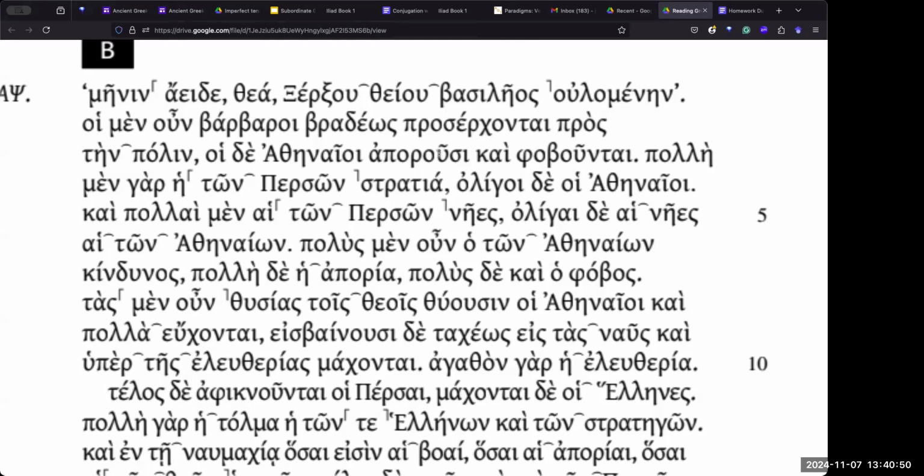And then we don't need any verbs here for a while because polloi men gar, hē, whatever, blah, blah, blah. But if we're going to use the verb to be, let's see, right? For many are, or great is the army of the Persians. So we need to say was.